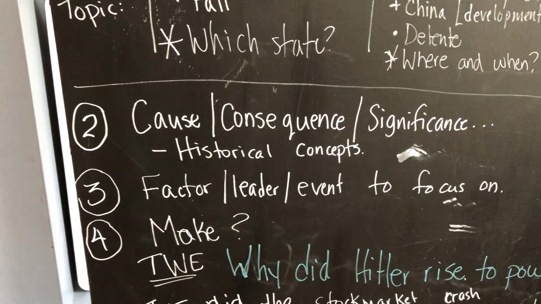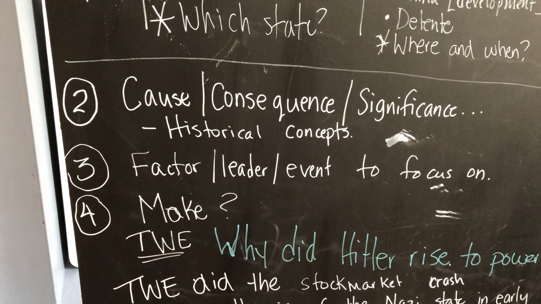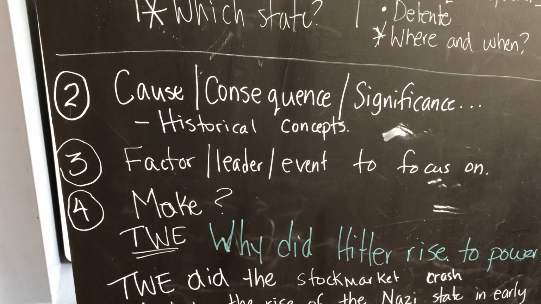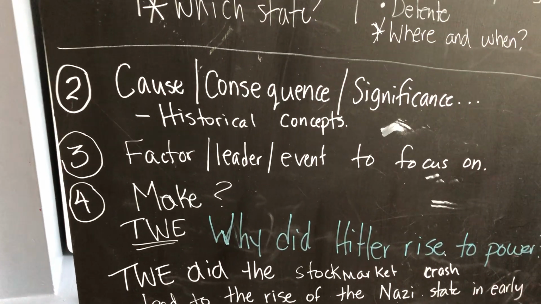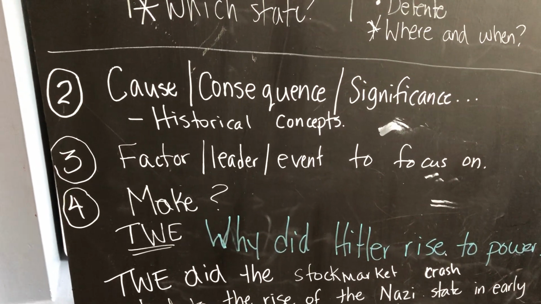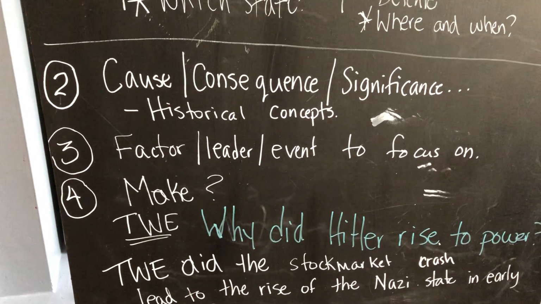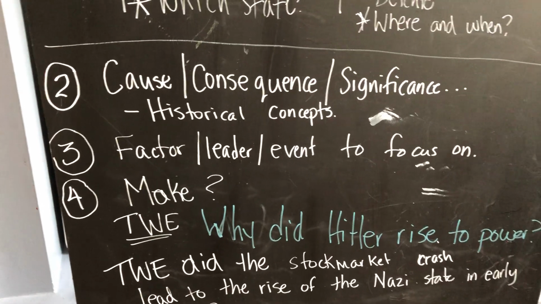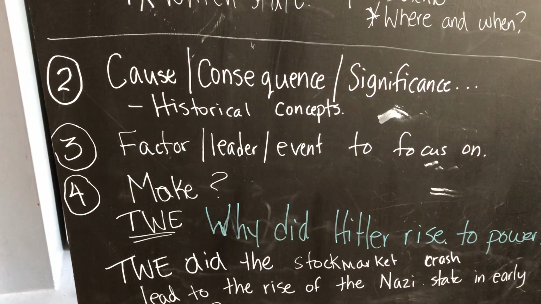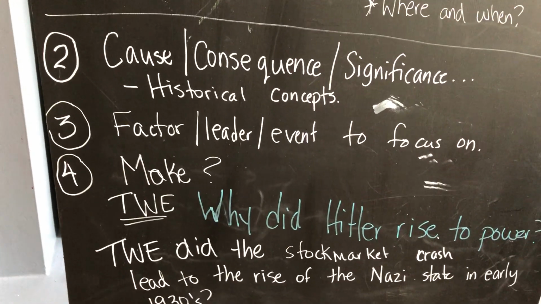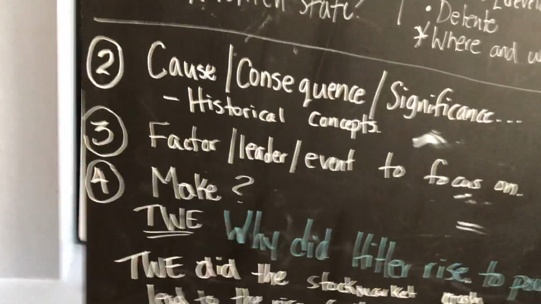Then you're going to look at factors. So you might look at the factor of political instability in the Soviet Union at that time. This is the factor that you're going to focus on, and you're going to put it in your question because this is going to be the main part of your research. And then step 4 is to make a question.